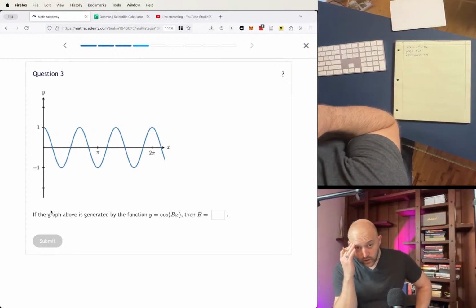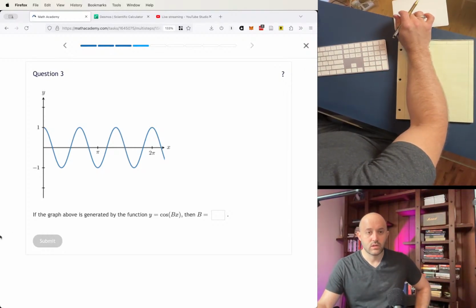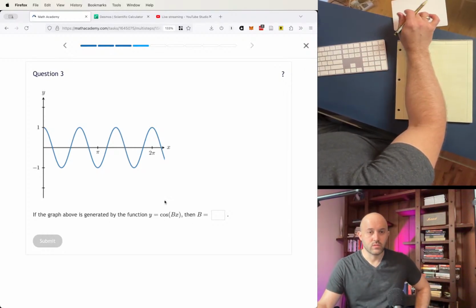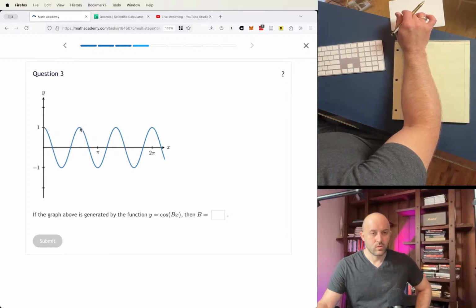The graph is generated by cosine of b x. Then b equals, okay, so it goes from here to here, 1 period in less than pi, and it looks like it does 1.5 periods in pi. Does that look right?